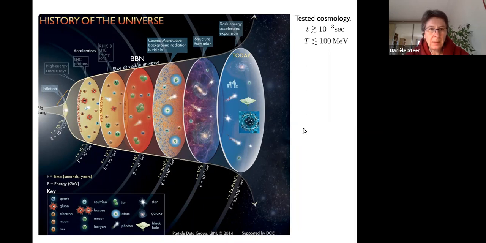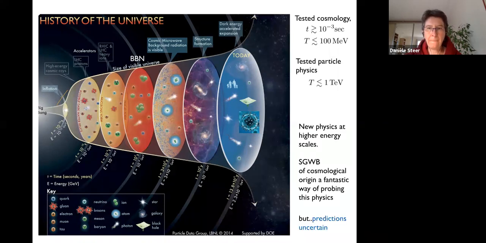And so the realm of tested cosmology essentially starts sometime before Big Bang nucleosynthesis, so times of the order of something greater than 10 to the minus 3 seconds, or temperatures less than of order 100 MeV. Tested particle physics is somewhere beyond this purple line here, so at energy scales less than of order 1 TeV.